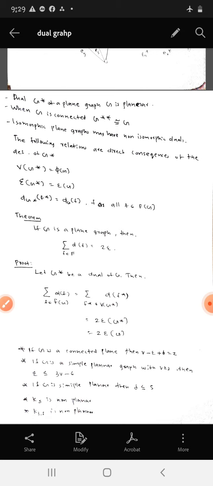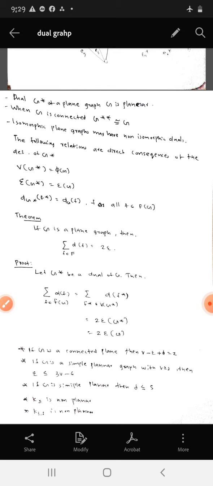Then next is a theorem. If G is a plane graph, then the summation over F belonging to F of d of F equals 2 epsilon. So we have to prove that the summation of the degrees of F is 2 epsilon.